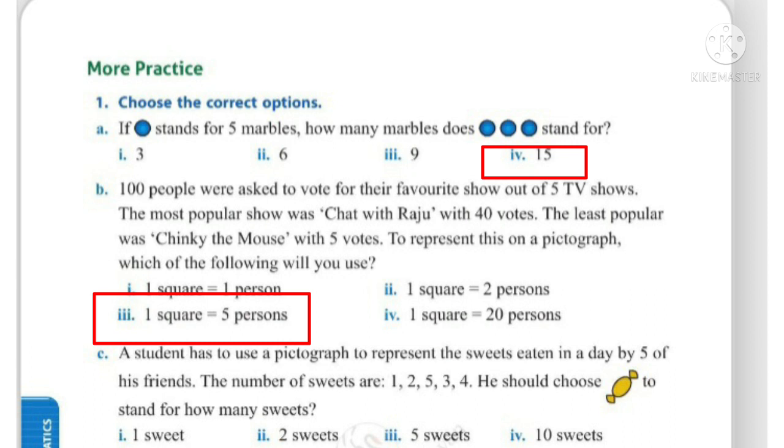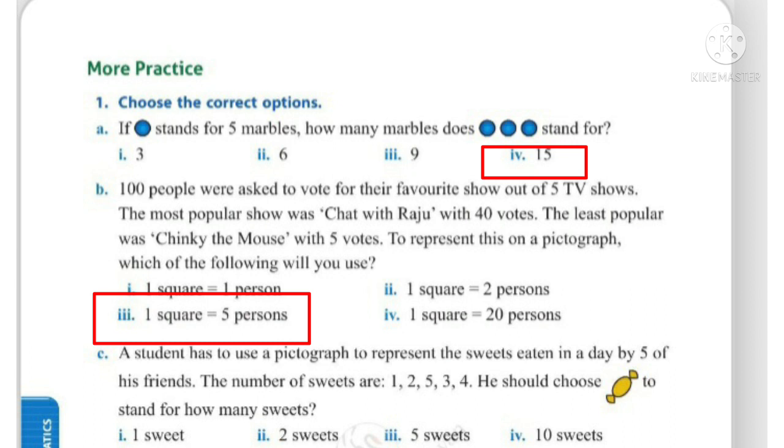Okay, yes. Now the next question. A student has to use a pictograph to represent the sweets eaten in a day by 5 of his friends. Okay, the number of sweets are 1, 2, 5, 3, 4. He should choose, yes, the chocolate symbol is given to stand for how many sweets.